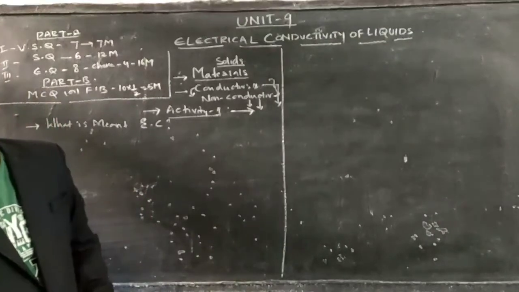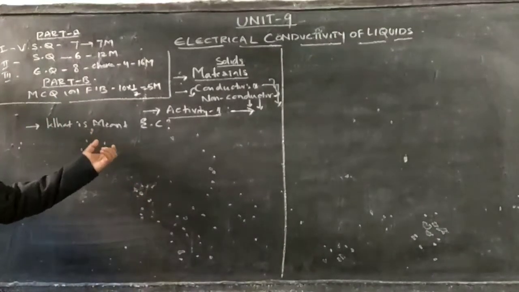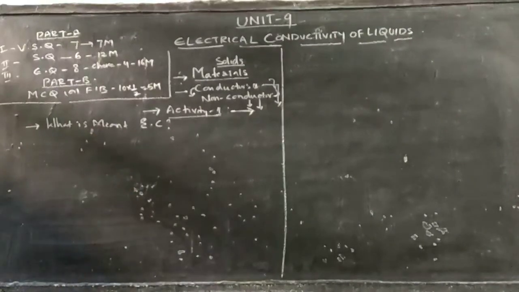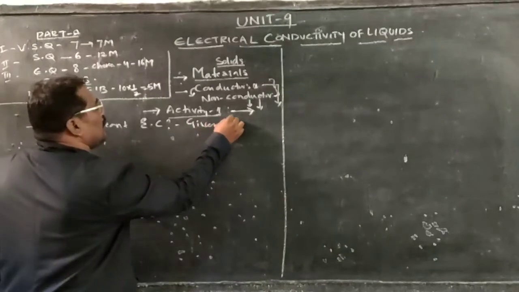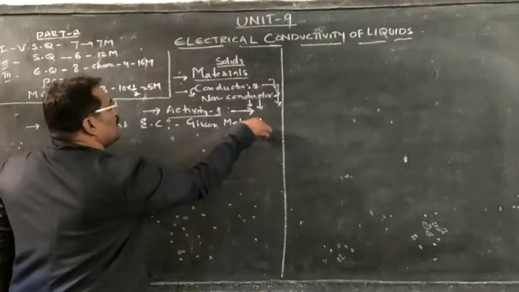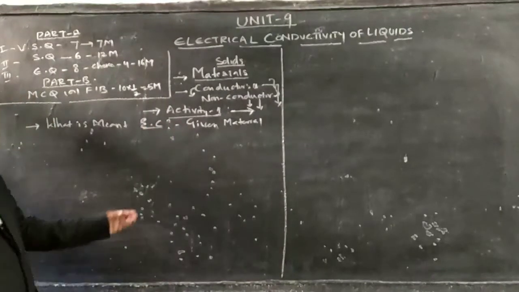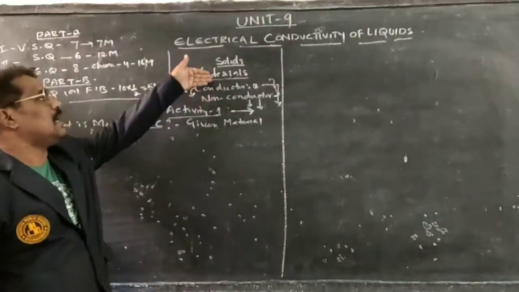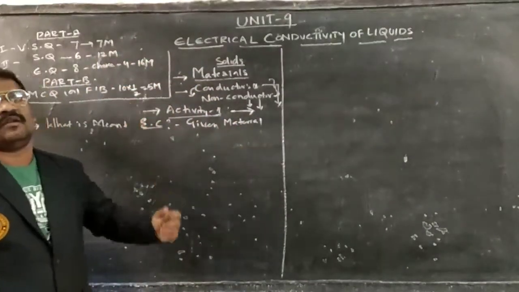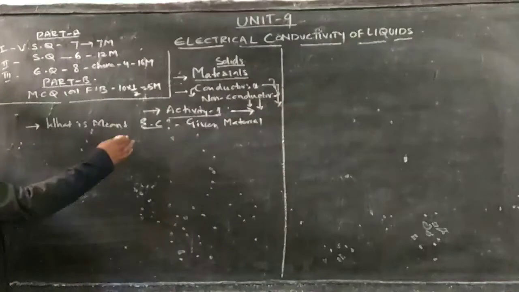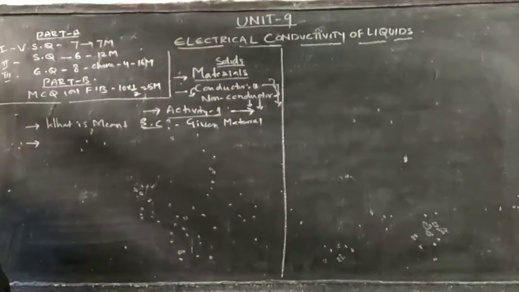What does electrical conductivity mean? It is a property of a given material, an electrical property of a given material. Whether it is a conductor or non-conductor, we can identify based upon that electrical conductivity. That is the question we can frame from the concept.